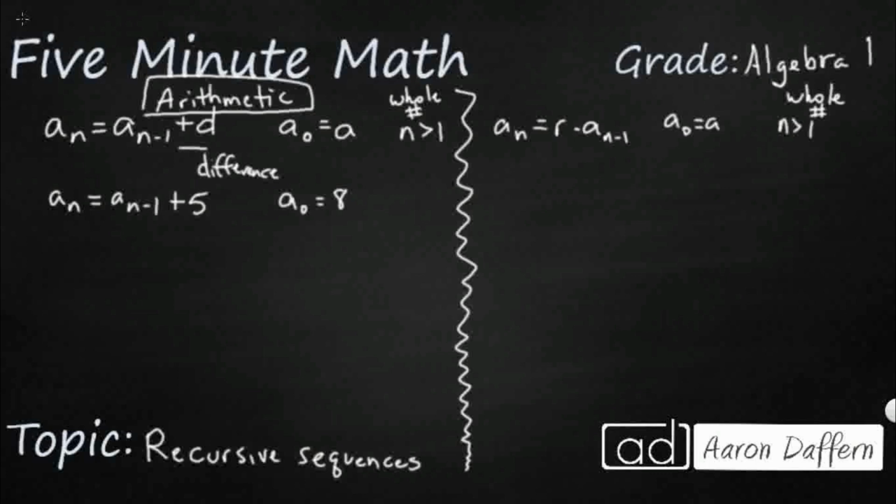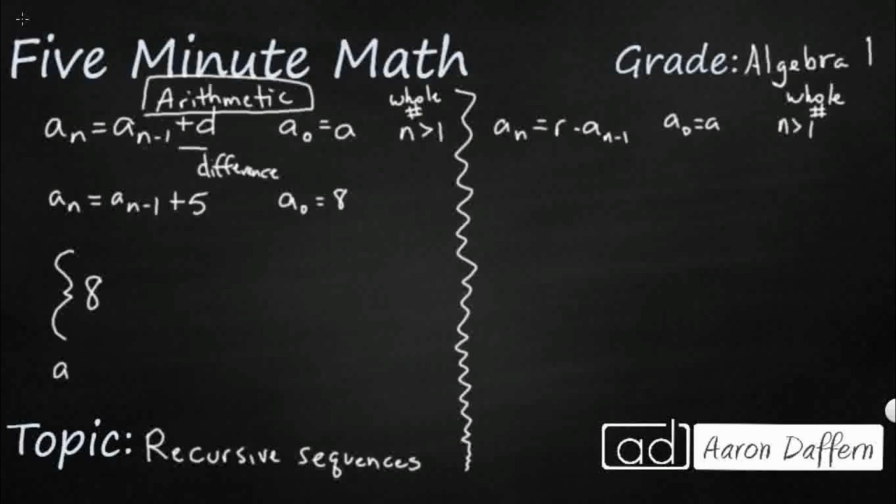So let's see what we would have. We're going to start with that 8 right there. That's our first number. Now, if our n is greater than 1, and it has to be a whole number, let's evaluate that a of 2. Let's see what that second number in the sequence is going to be.